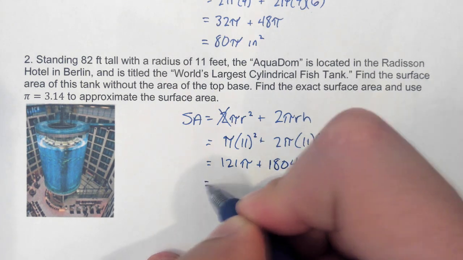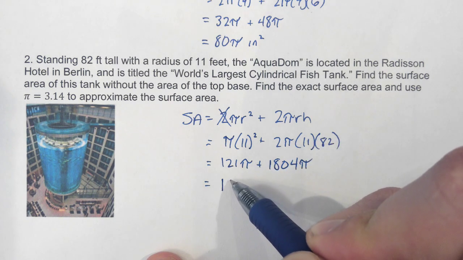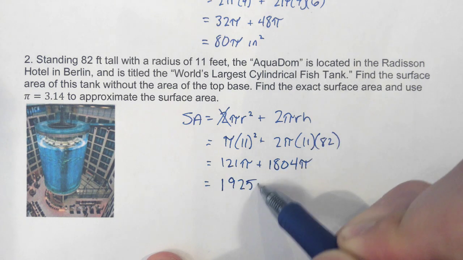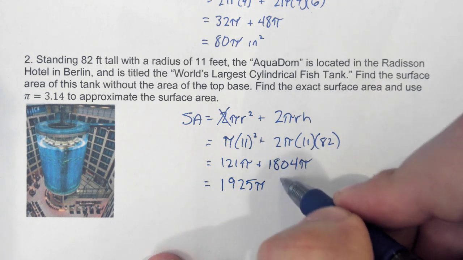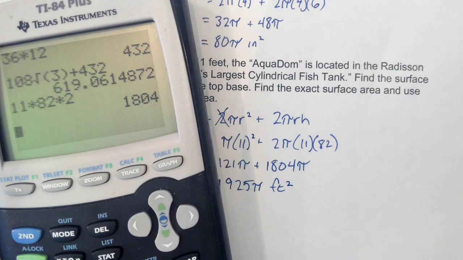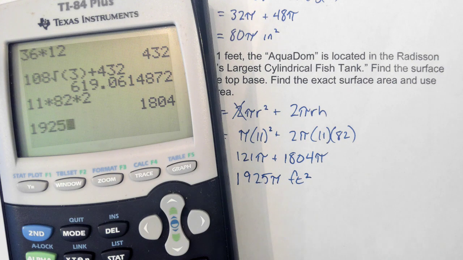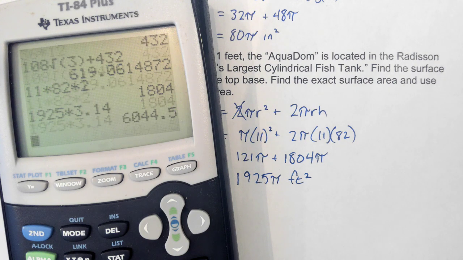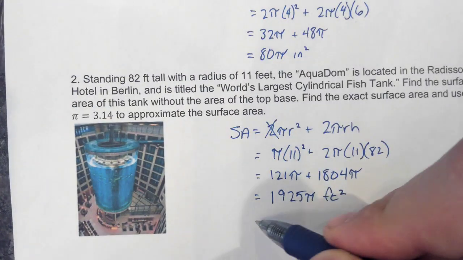Add those together, and that would be 1,925 pi. So there's the exact surface area, and then it says to use 3.14, so not the pi button. So 1,925 times 3.14 is 6,044.5.